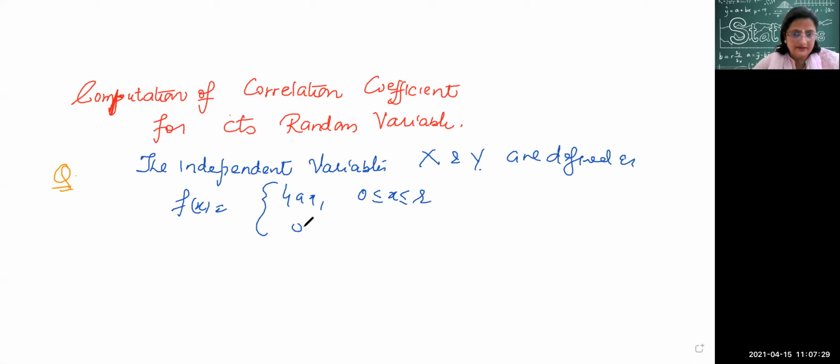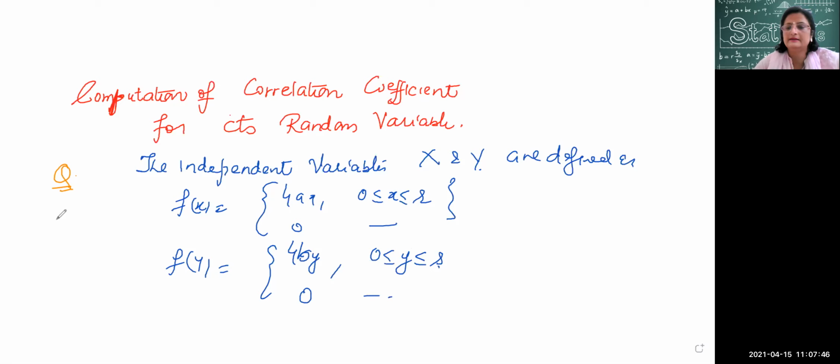And then we have 0 otherwise. And f of y is 4by, with the variable b, where 0 less than y less than or equal to s, and 0 otherwise, right?